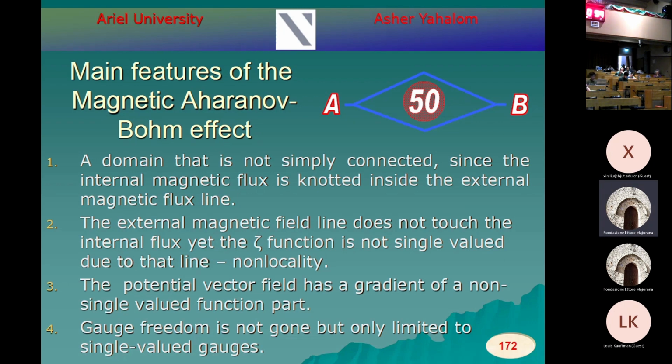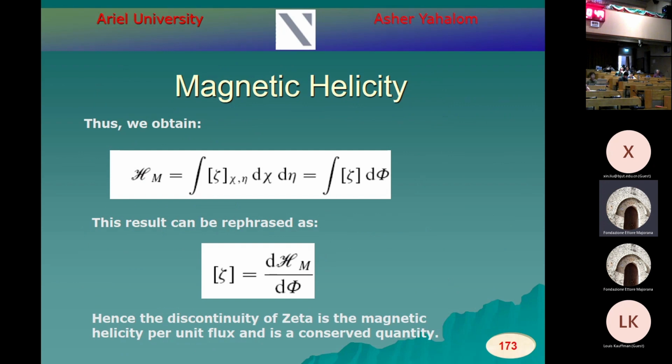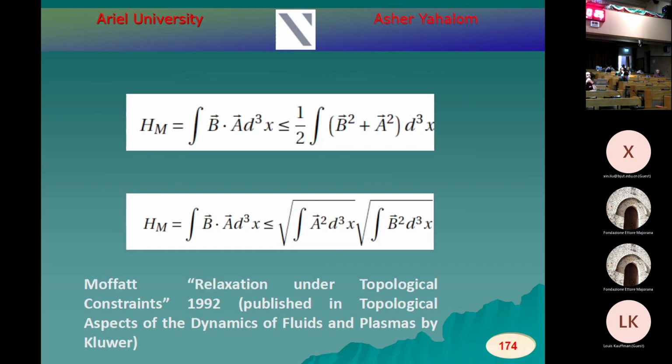And then the vector potential has a gradient of a non-single valued function part, and gauge freedom is not gone, but only limited to single valued gauges. And you can write the magnetic helicity as this integral over the flux of the discontinuity of zeta, and zeta is the amount of magnetic helicity per unit flux, and it's a conserved quantity.